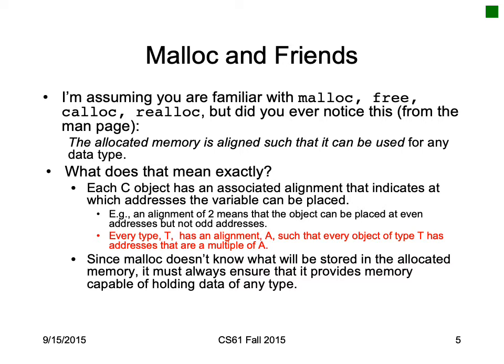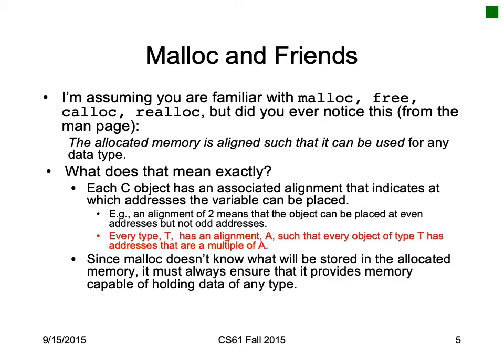So you can generalize this and say that every type T has an alignment A, such that every single time you allocate a variable of type T, the address at which it's allocated is going to be a multiple of A. So during class, we'll want you to experiment and figure out what the alignment is of various types.